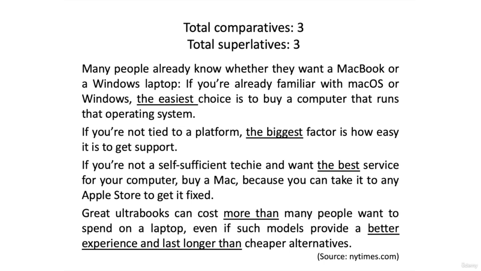In the second sentence, we have 2 comparatives in one sentence: better experience than and last longer than. We also have 3 superlatives: the easiest choice, the biggest factor, and the best service.